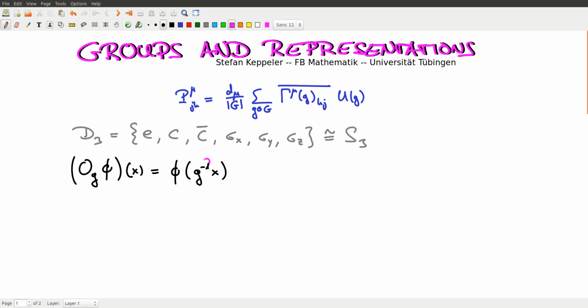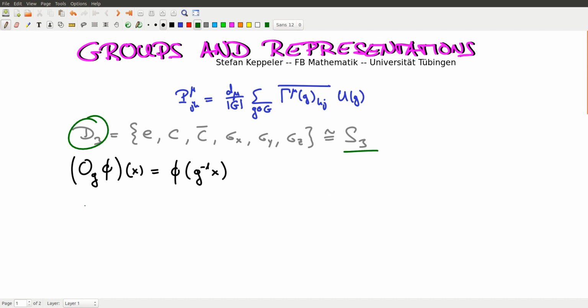So the G here really, the group element, thought of as the symmetry transformation, say in terms of orthogonal 2x2 matrices acting on this vector x in R2 here. Okay, so this is our representation, our U, and now we can construct these generalized projection operators.